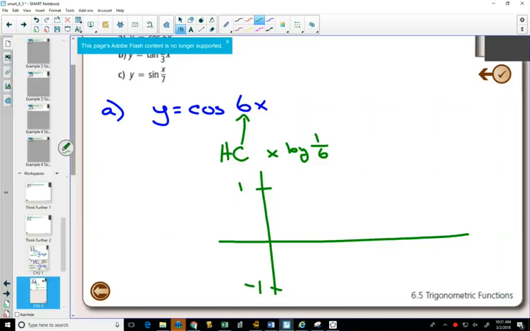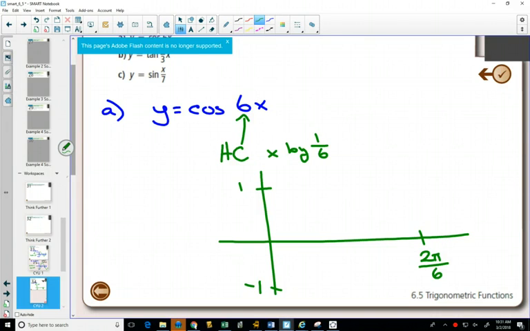And then we would label our period. And our period was normally 2 pi. But now we've had a horizontal compression by a factor of 1/6. So instead of our period being 2 pi, we're going to have to multiply that 2 pi by 1/6. And we're going to get a period of 2 pi over 6.